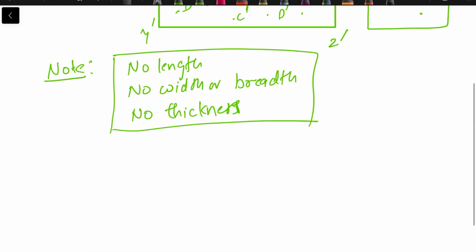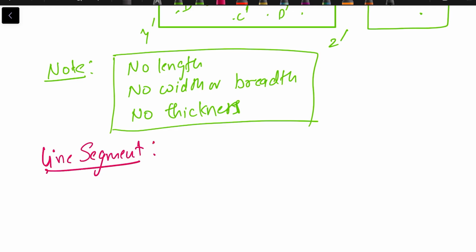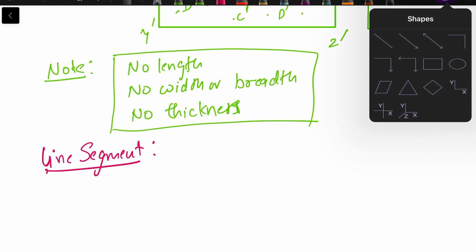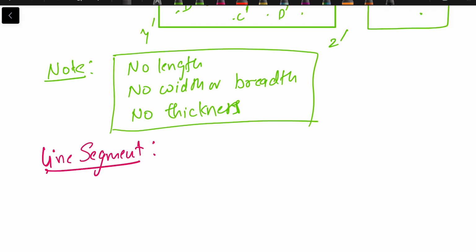What is a line segment? A line segment is, if we have 2 points, let's first understand, let's consider we have 2 points.